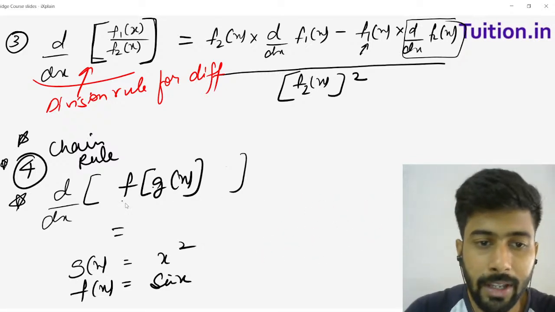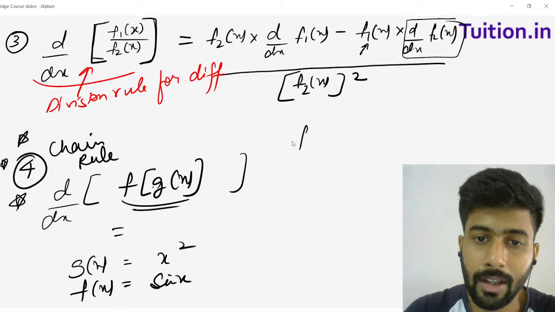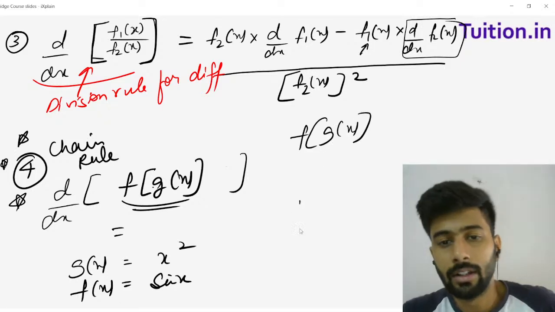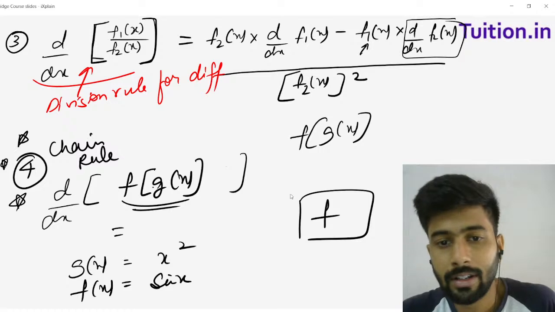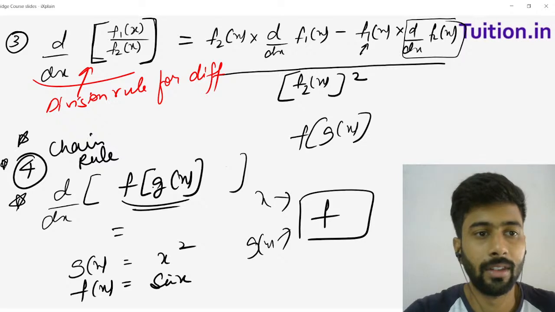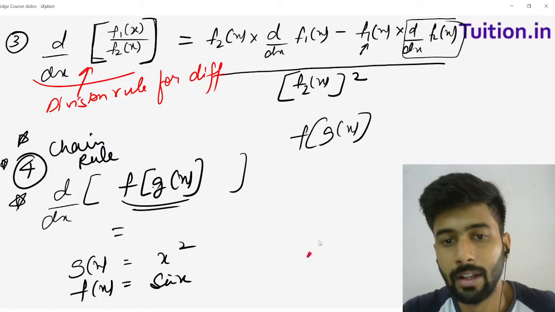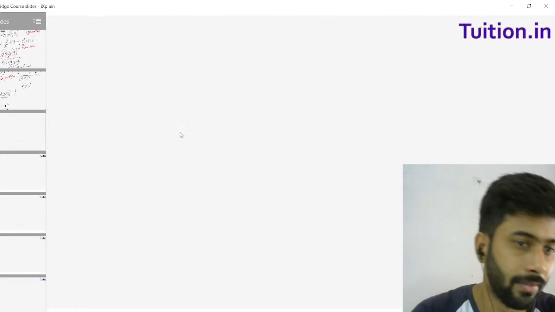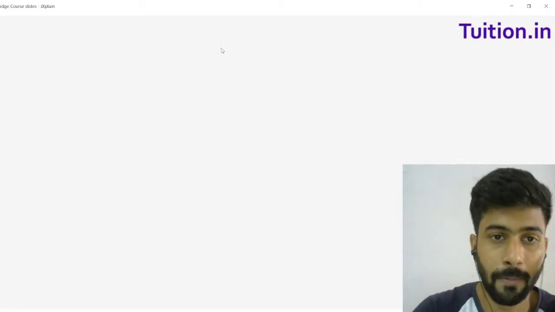Now what do you mean by f of g of x? f of g of x means f is as it is, but instead of giving x as input, you are giving g(x) as input. That is what is happening. So let me draw it on the next page. What do I mean by composite functions?